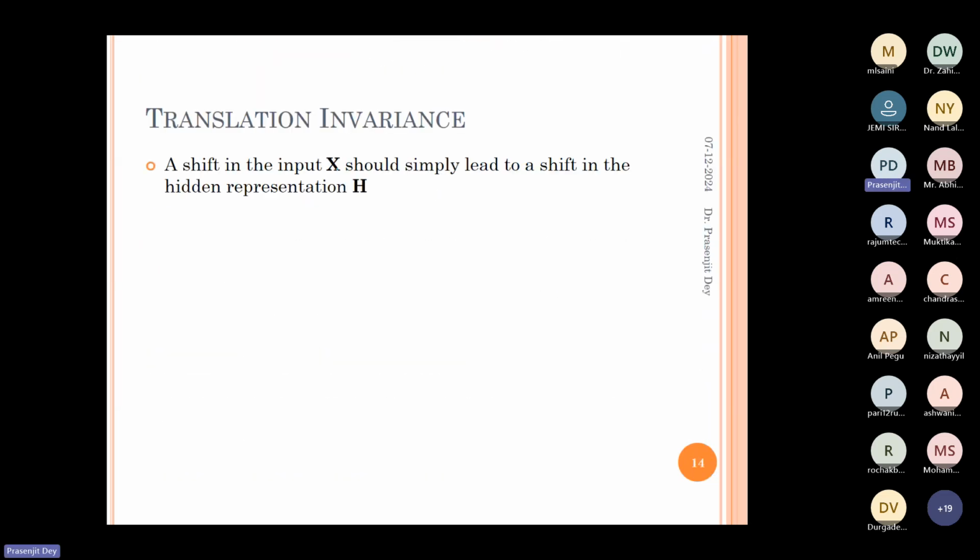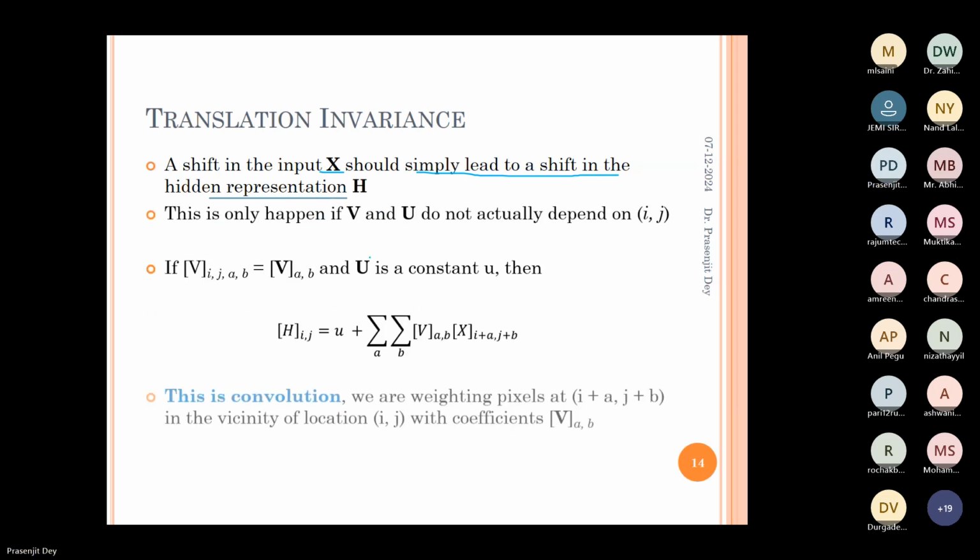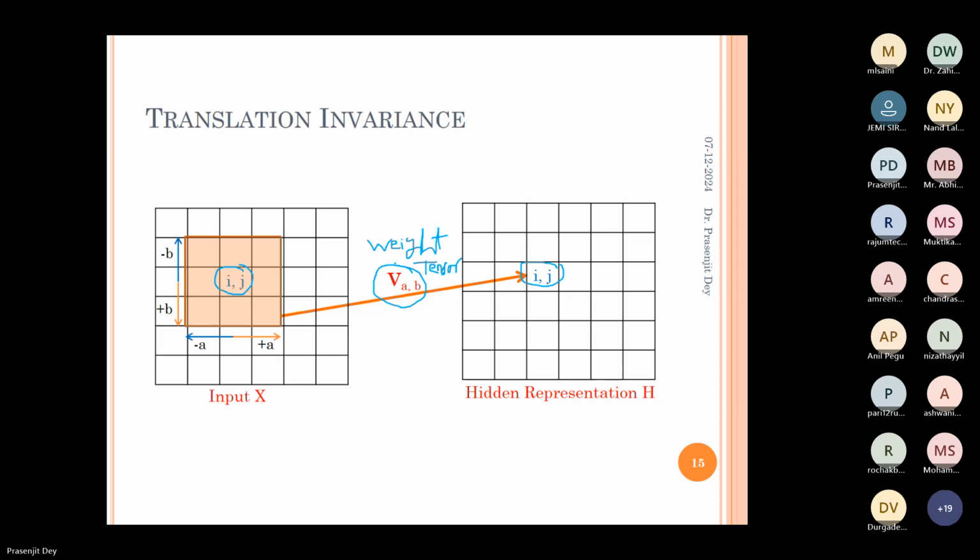A shift in the input x should simply lead to a shift in the hidden representation. Here, it is not depending on the pixel position like x_ij. Rather, it is depending on the neighborhood, like how many pixels we are going to consider. So this is the concept of translation invariance.